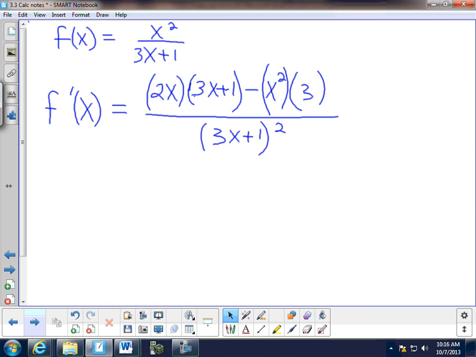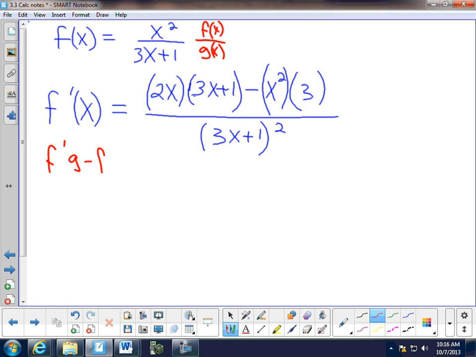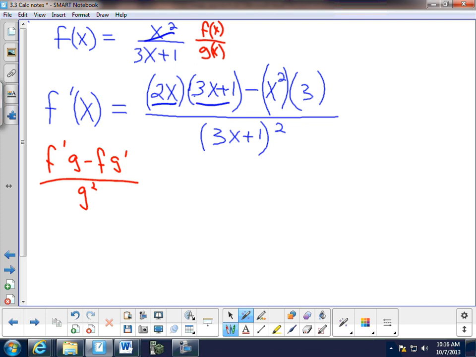The numerator, we call this the f of x if you want to. Call this the g of x. So the pattern is derivative of the numerator times the denominator minus the numerator times the derivative of the denominator all over the denominator squared. So the 2x is the derivative of the numerator times the denominator minus the numerator. Derivative of the denominator is just 3.